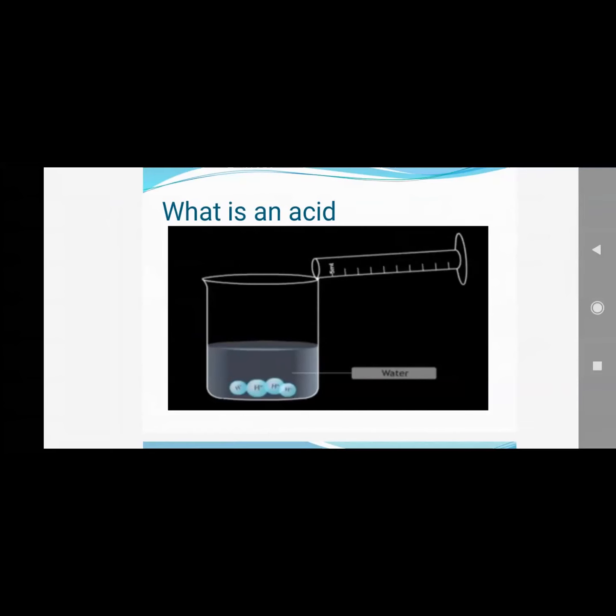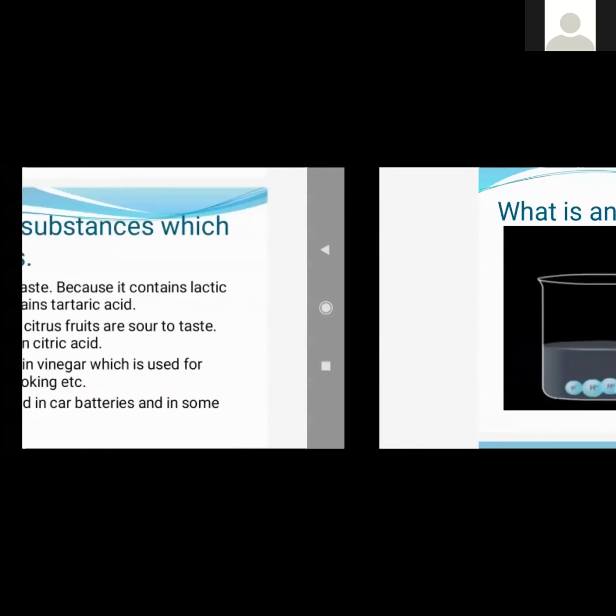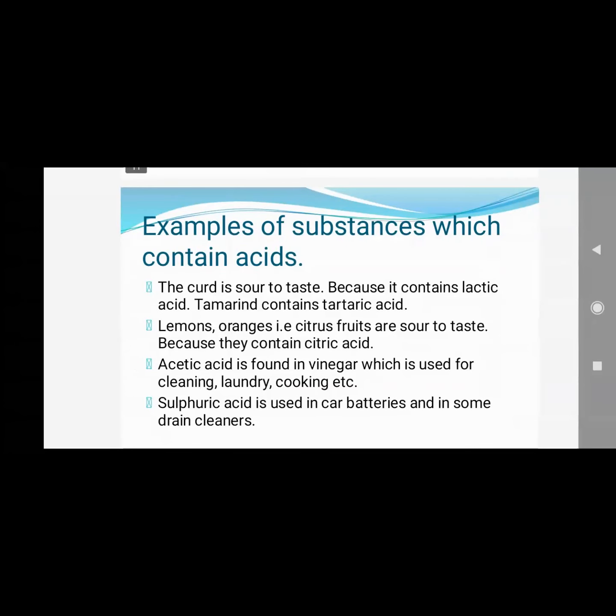Then in that solution, H plus ions are formed. Examples of substances which contain acids: curd, tamarind, lemon, orange, vinegar. In car batteries and drain cleaners, acids are used.